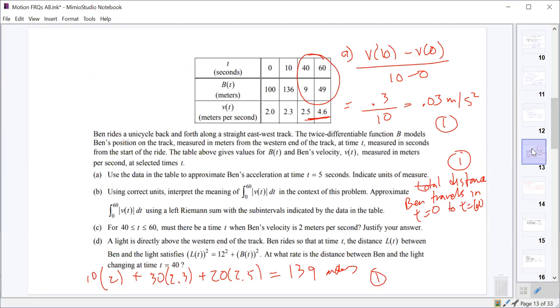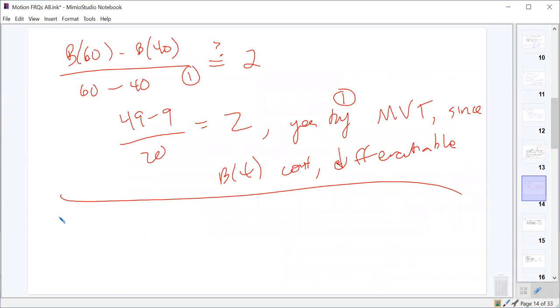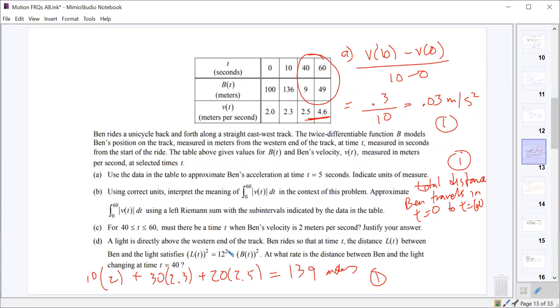And so we've got L of t squared. So when we take the derivative of this, what should we get? We should get 2L of t, that's the derivative of L of t squared. But then since we're doing it with respect to t, times L prime of t, and then that should equal 12 squared is 144, the derivative of 144 is 0, so we can ignore that.